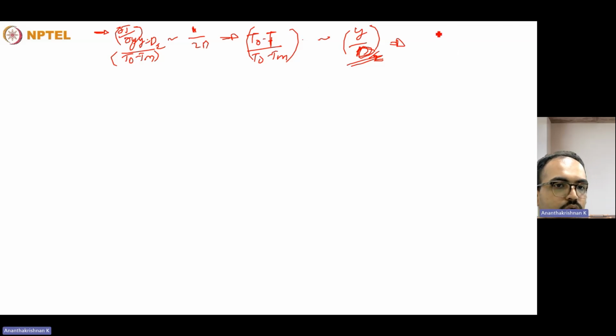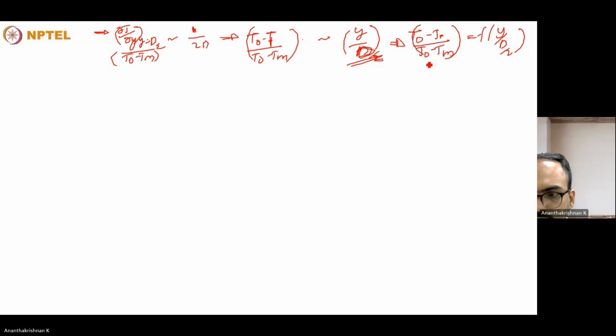You should understand that we are doing this kind of analysis only to arrive at a similarity profile for the y direction and try to equate it with the temperature profile. So T0 minus T is a function of y by d by 2. So integrate this and we'll get... we can't actually do that straight away, right? So that's a kind of confusion that had arisen.